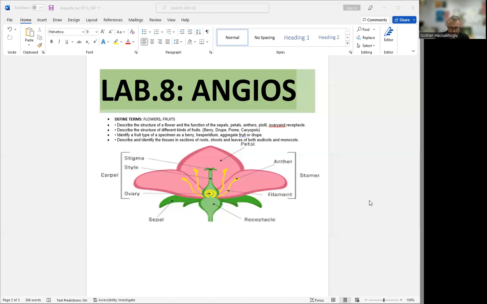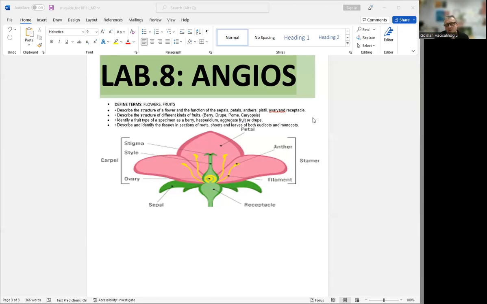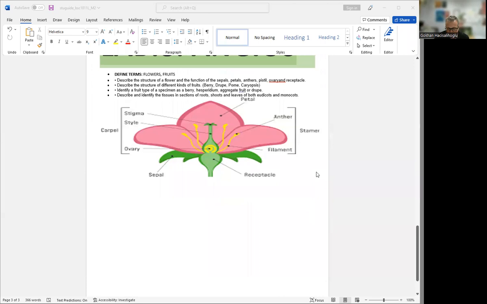So you need to study the flower parts, monocot versus dicot, fruit types. Also make sure to check types of fruits. Again, simple flower can also make simple fruit. Make sure to pay attention to compound fruit types, and then examples of fruit types and some species examples of these fruits.